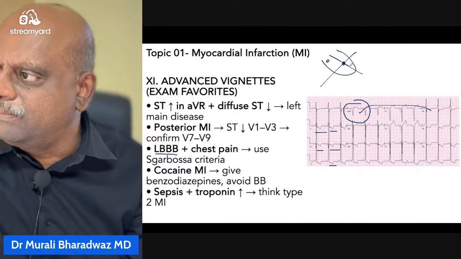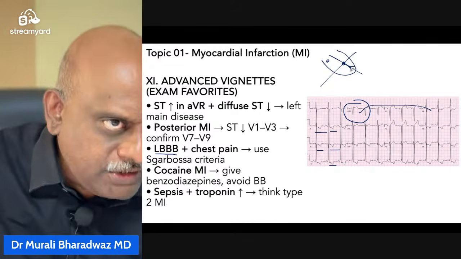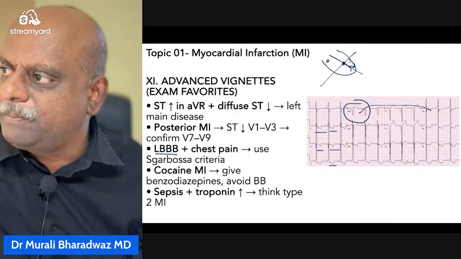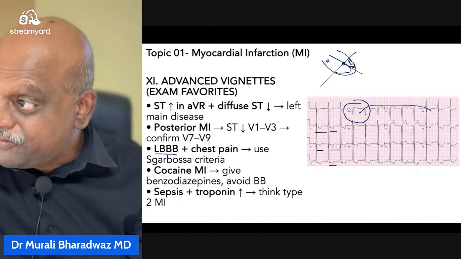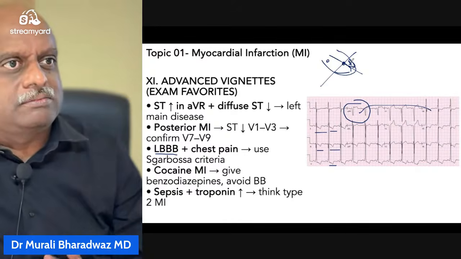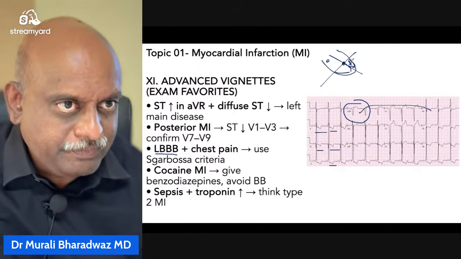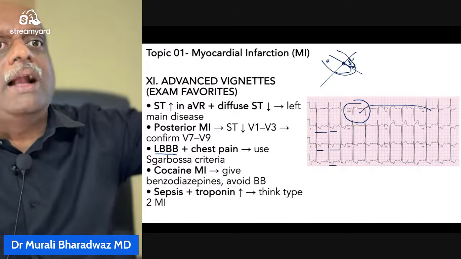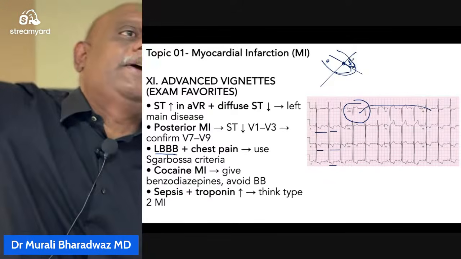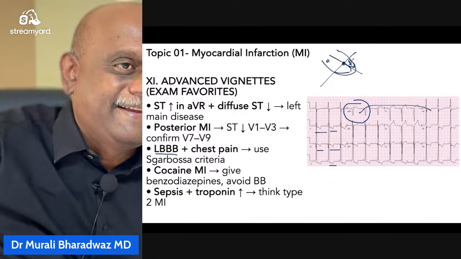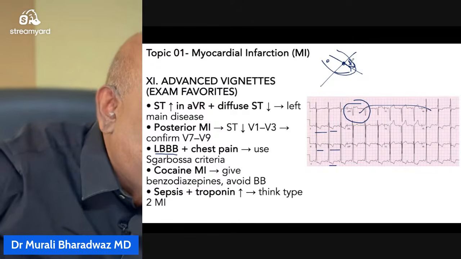The AV node will become left and right bundles of Purkinje, which in turn will go and supply the myocardium. So if this left bundle is blocked, all the ST will alter. You can't interpret. Even before a heart attack, the patient will have ST segment elevation without MI, if the LBBB is there.